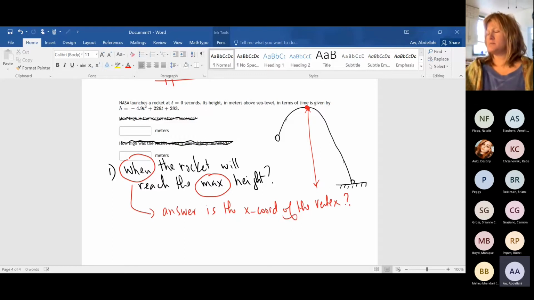We talked about it the most. The recording is in Brightspace. But just to tell you, in the context of the parabola, the point that is called the vertex tells you what is the maximum, what is the minimum. It is either the highest point of the parabola or the lowest point of the parabola. That's going to be the vertex.